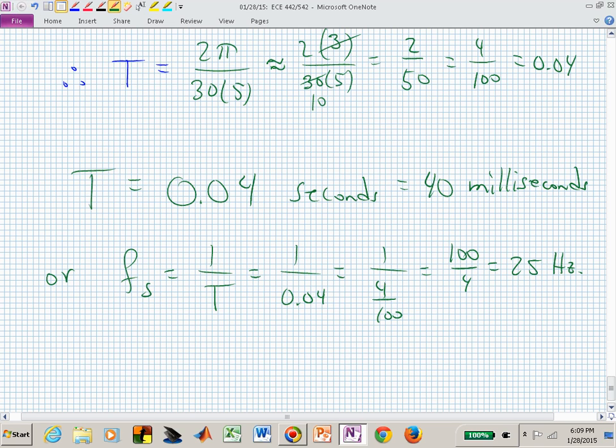This is a controls class. So we want to maybe see more of the shape of the waveform, and it may depend on your application how many points you want to see in a particular cycle. We just said sample at 30 times the closed loop bandwidth. So now we are saying in hertz, we're sampling at 25 hertz, we're going to be able to see a lot of that wiggling around.